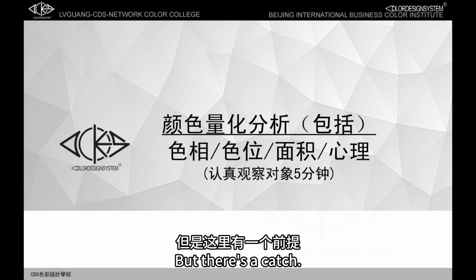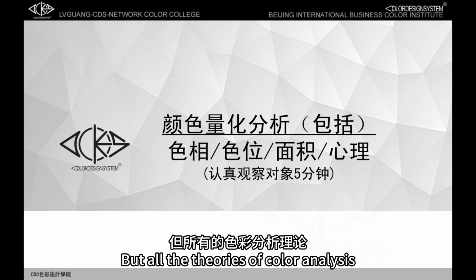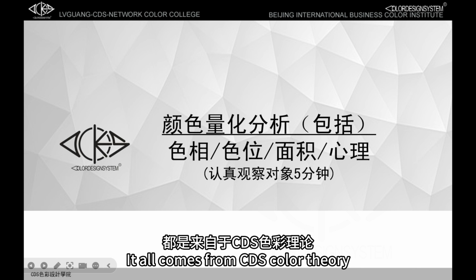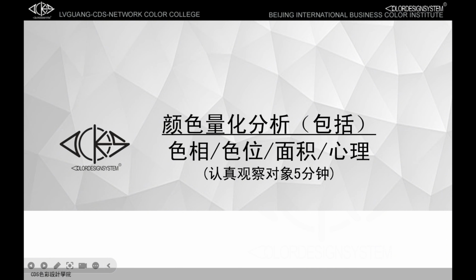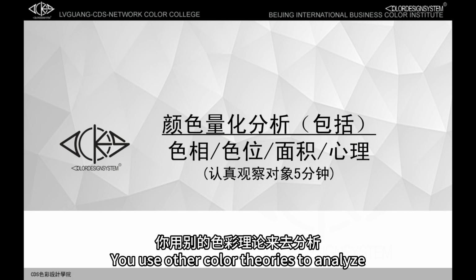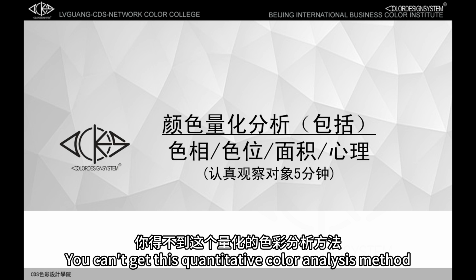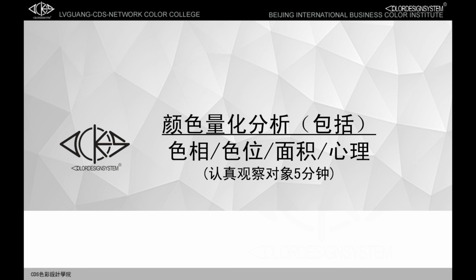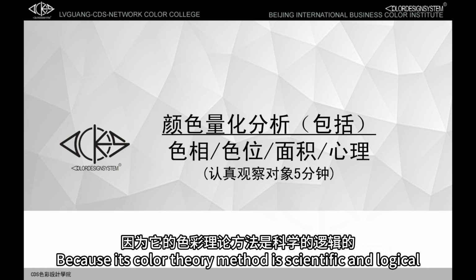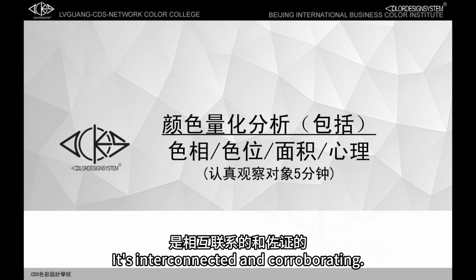But there's a catch: all the theories of color analysis come from CDS color theory. If you use other color theories to analyze, you can't get this quantitative color analysis method, because its color theory is scientific and logical, interconnected and corroborating.